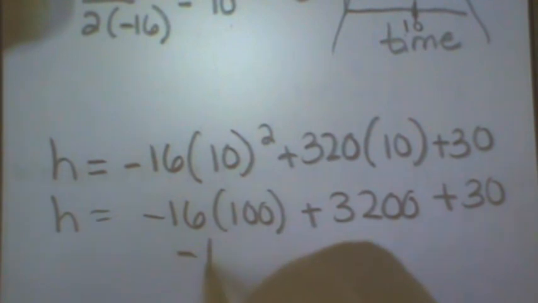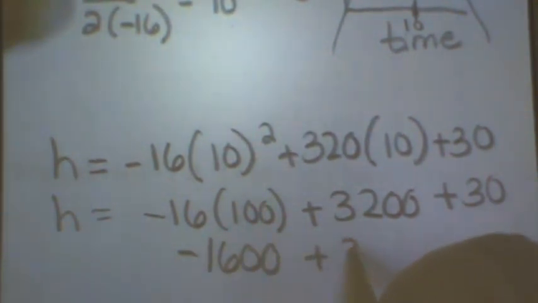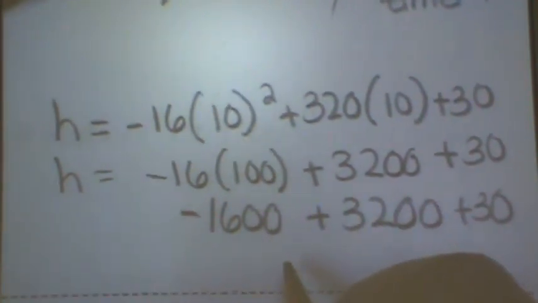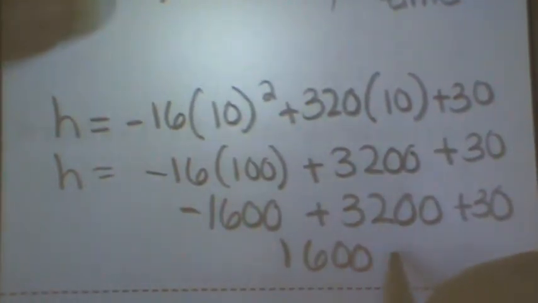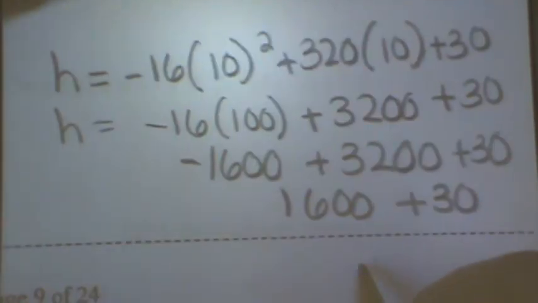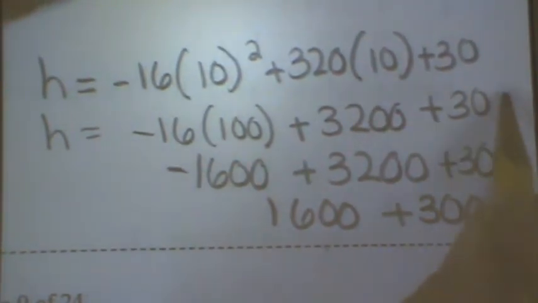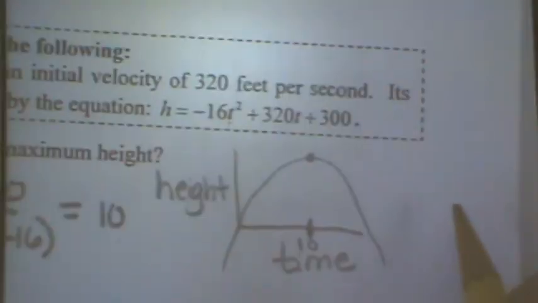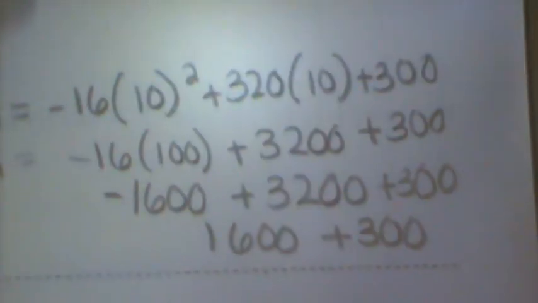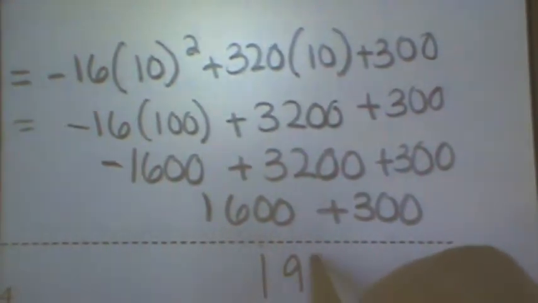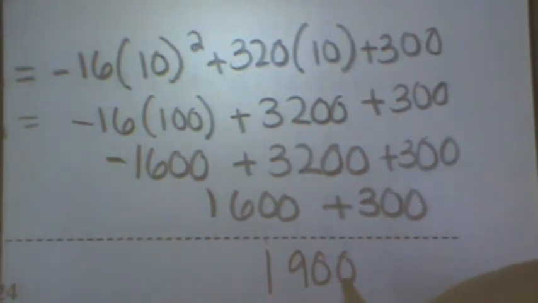So you have negative 1,600 plus 3,200 plus 300, forgot that 0. So this would be 1,900. So it reaches the highest at 1,900 feet.